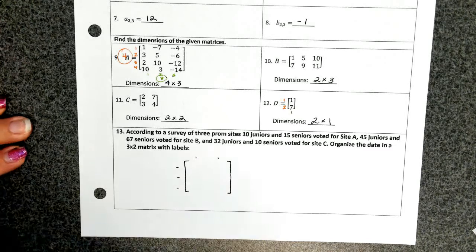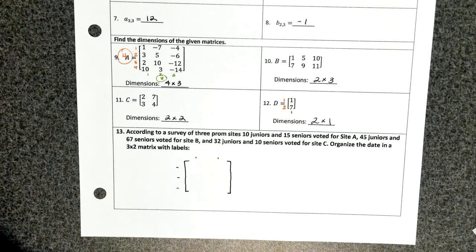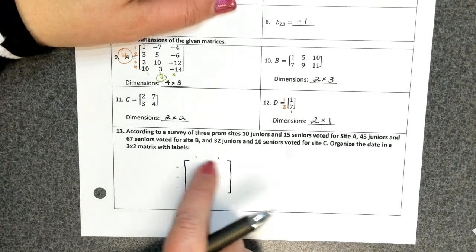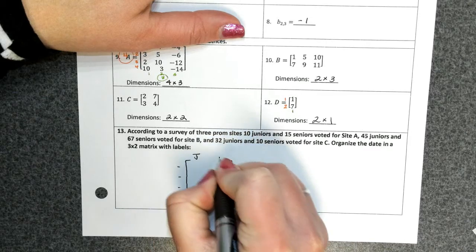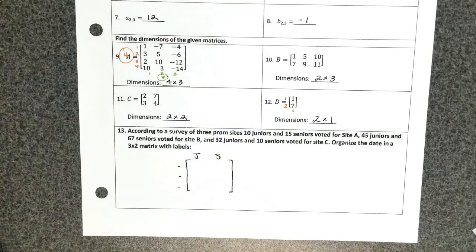What's one thing that I need to label here on my matrix? On this top, we have juniors and we have seniors.